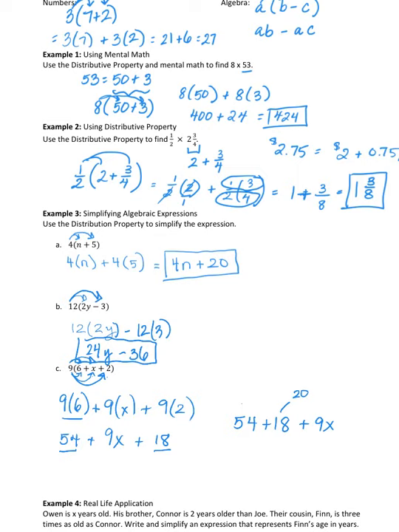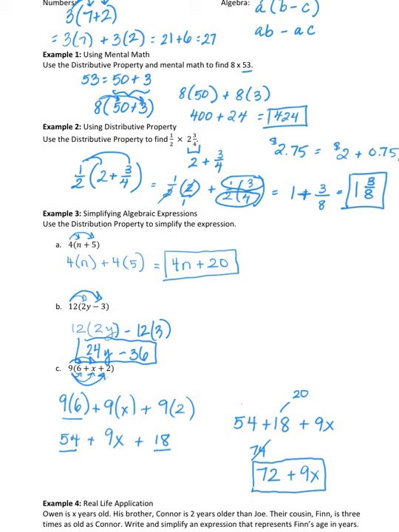So really quickly, I can do 54 plus 20 is going to give me 74. But since I added an extra 2, I can't say that the answer is 74. I need to actually take away 2. So now I'm at 72 plus 9x. It's just a little way to help with our mental math of either rounding up or rounding down, and then remembering to take away the extra that you included.